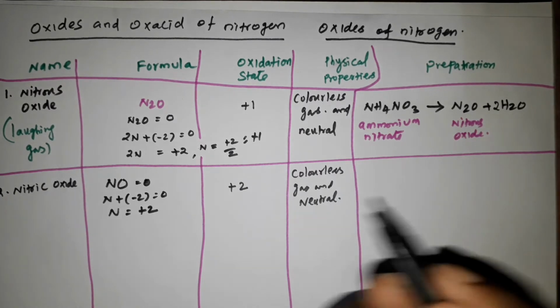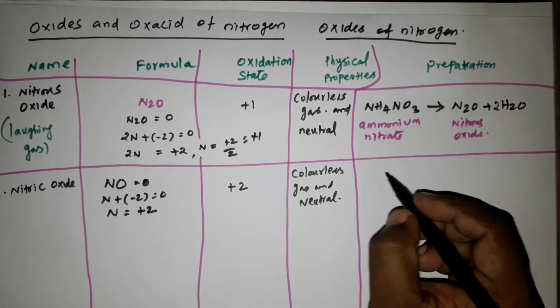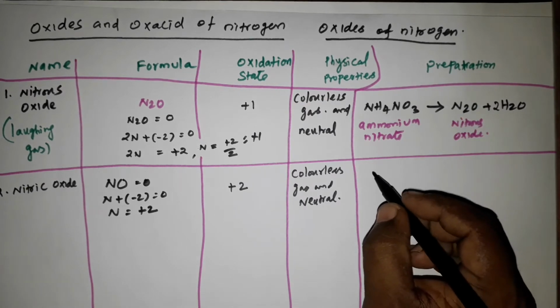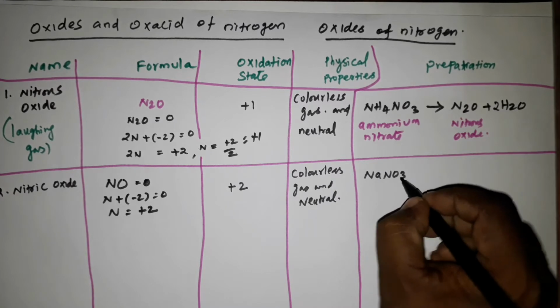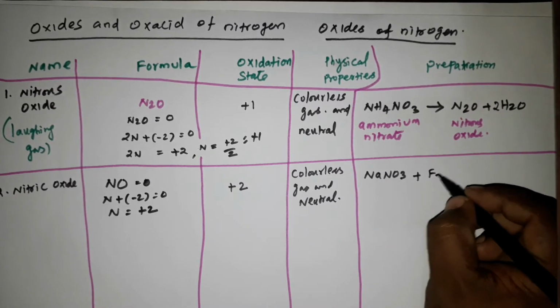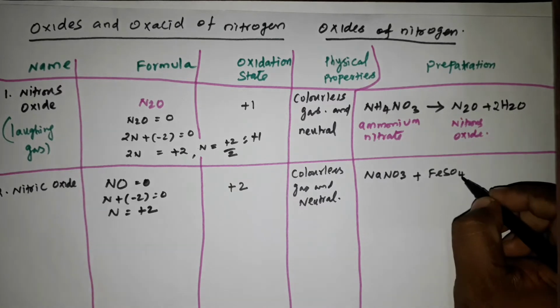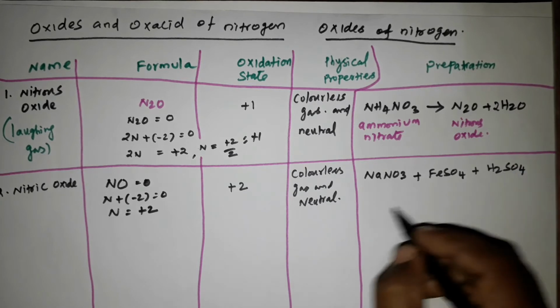Okay. Now the preparation of this nitric oxide: take sodium nitrate NaNO3, then add ferrous sulfate, that is FeSO4, then add sulfuric acid H2SO4.